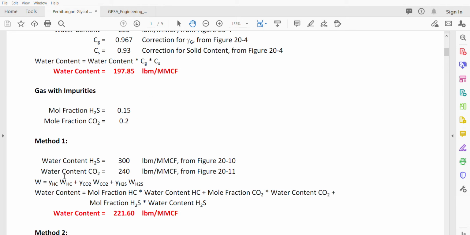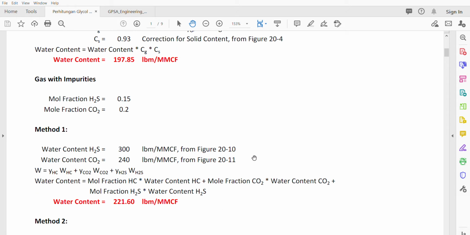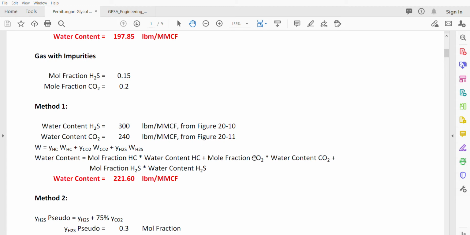And you should know that this is just for you to understand the basic thing about how to get this water content. So first is water content H2S between figure 2010, and CO2 between 2011.